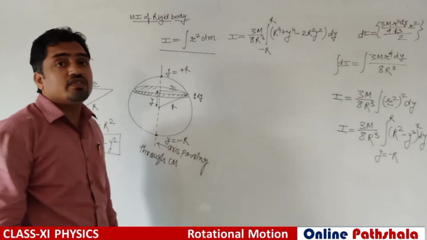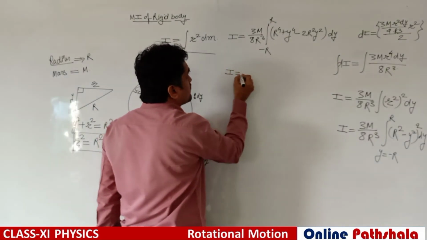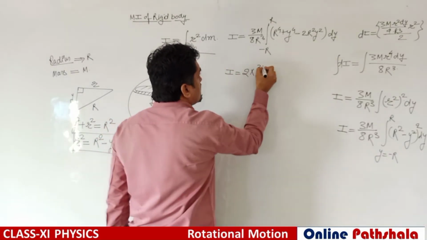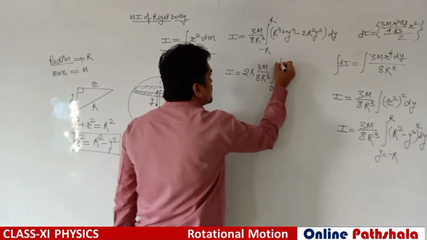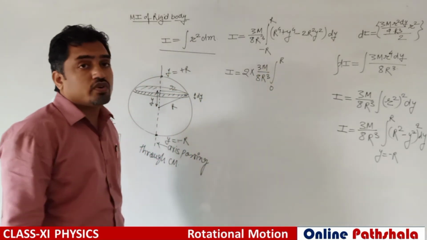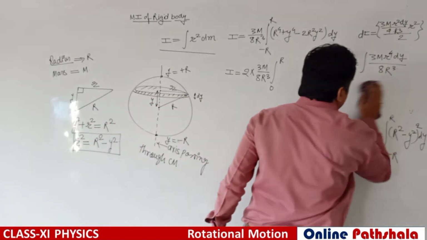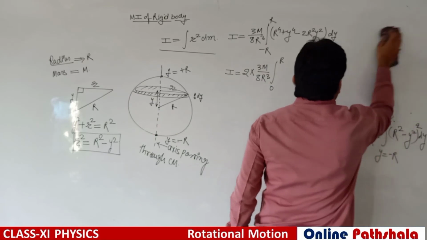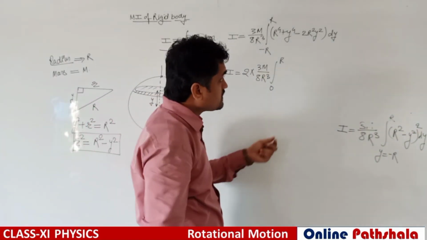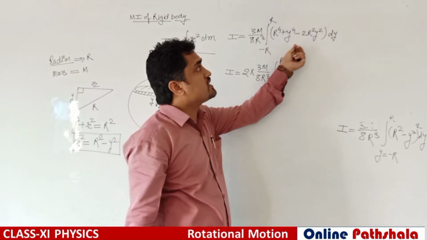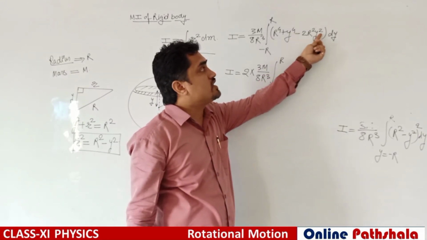Since it is an even function, we can write 2 into 3 M divided by 8 R cube integration from 0 to R. This concept you have to understand. It is an even function because y raised to power 4 is even, y square is also even.